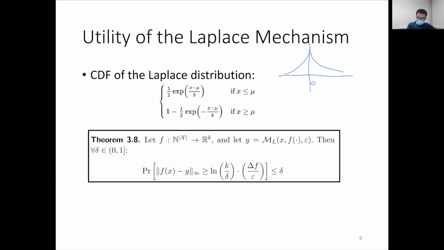If you look at Wikipedia and check the analytic expression of its density function, you'll see that the CDF has a very nice form, which basically says that the two tails decay exponentially as you move further away from the center. This is the left tail, and 1 minus this is the tail on the right.